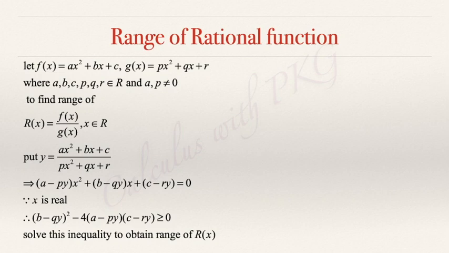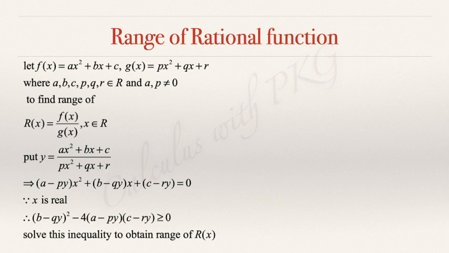Now let us talk about how to calculate the range of a rational function. Let f of x equal a x square plus b x plus c and g of x equal p x square plus q x plus r. Here both f of x and g of x are quadratic functions, where a, b, c, p, q and r belong to real numbers, and a and p should not be equal to 0.